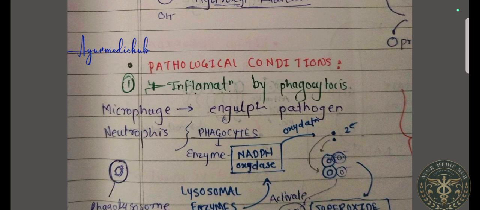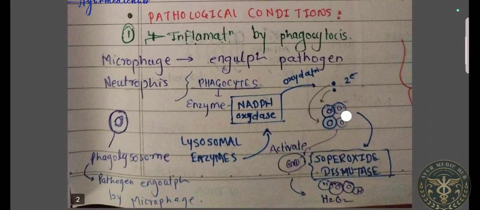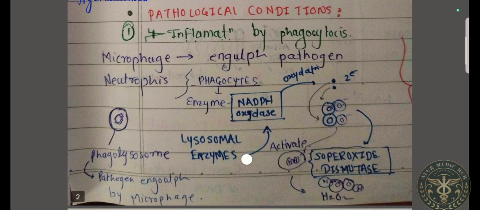The macrophages and neutrophils engulf the pathogen and release the enzyme NADPH oxidase, and the engulfed pathogen forms a phagolysosome, which is a lysosomal enzyme, and then it activates NADPH oxidase, which causes oxidation and releases two electrons.